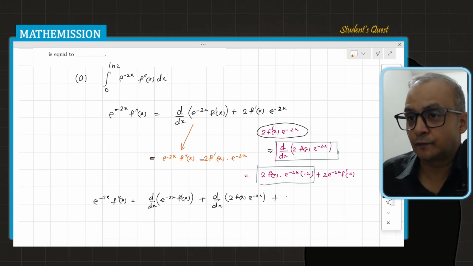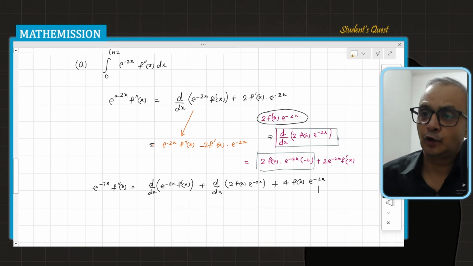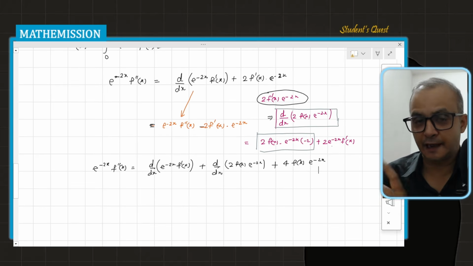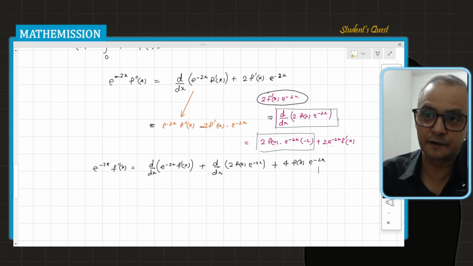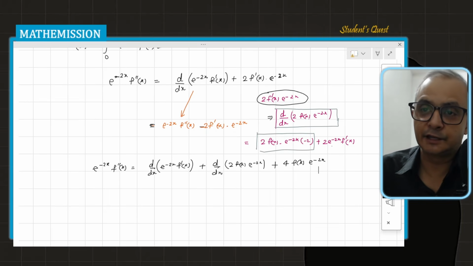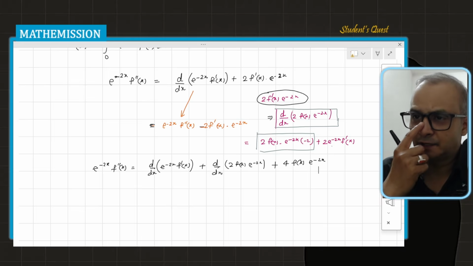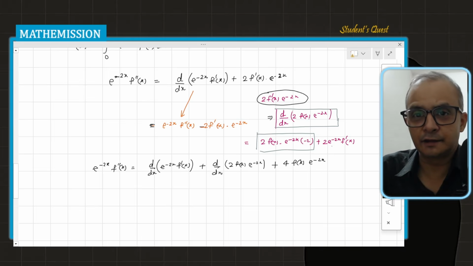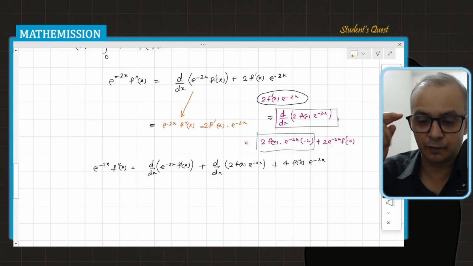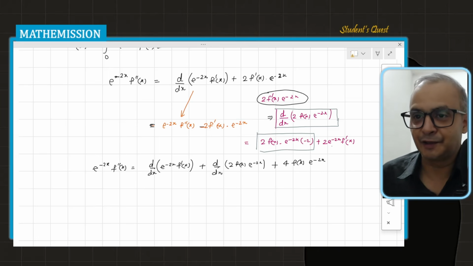So 2 times 2 is 4, so 4f(x) e to the power minus 2x. I hope you understood all these things. We are actually reversing the process. This is reverse engineering of the integration by parts over there. So it's a little bit logical, or what we call exercising your mind to think on that.